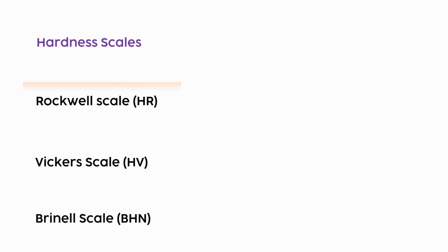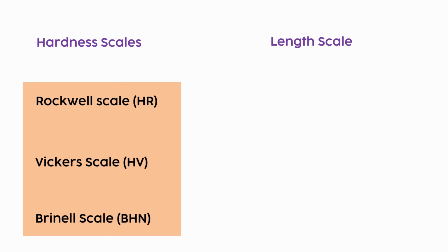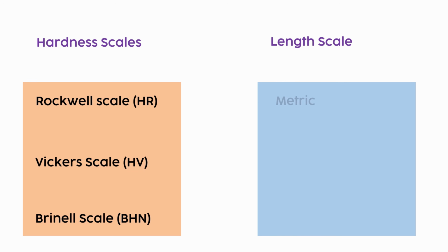So to understand it, think of these three main hardness scales as size or distance measuring scales, such as metric and imperial units. The metric units, meaning millimeter and centimeter, are common in Japan, India, and Europe, while imperial units, inch units, are popular in the USA.